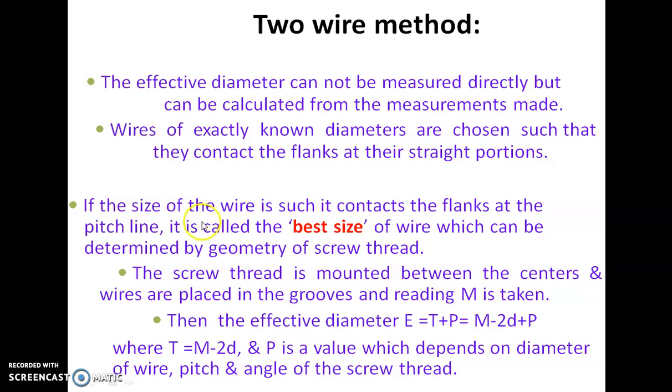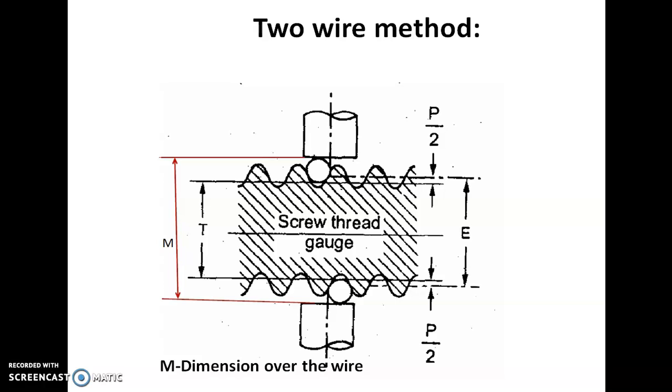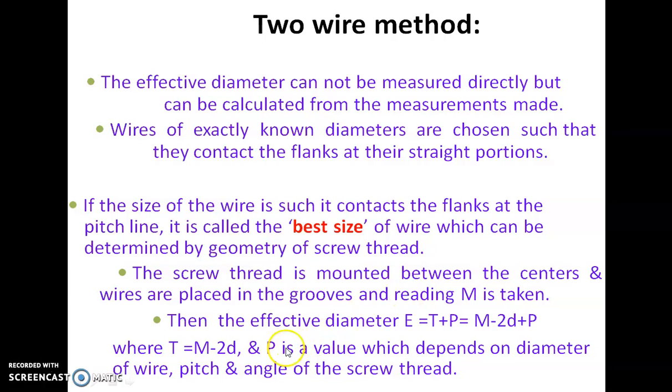Then the effective diameter is equal to M minus 2d plus P, where small d is the diameter of the wire.